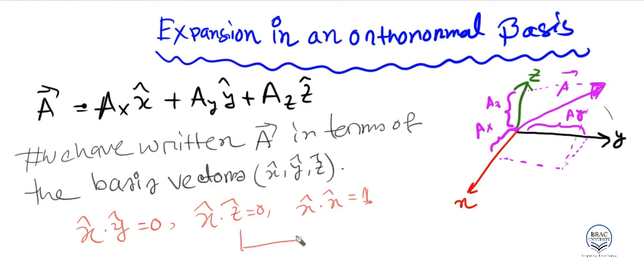So the 0 gives you the idea of orthogonality, and the 1 gives you the idea of orthonormality because they have a modulus of 1. And this expansion over here is an orthonormal expansion, that is, we are using the orthonormal basis to expand this.